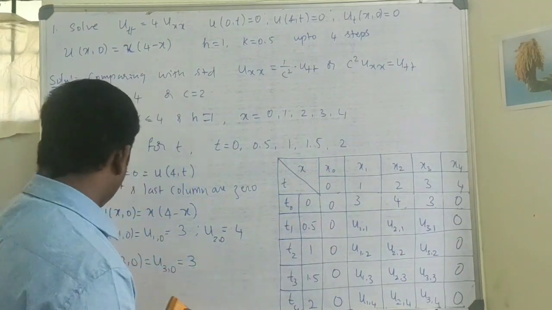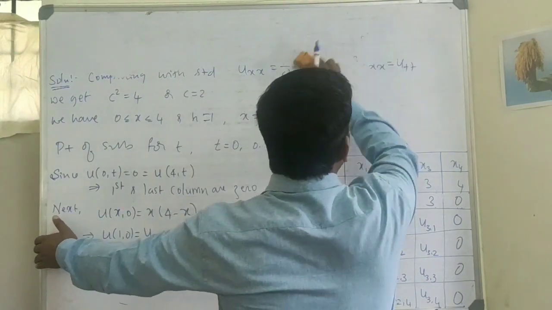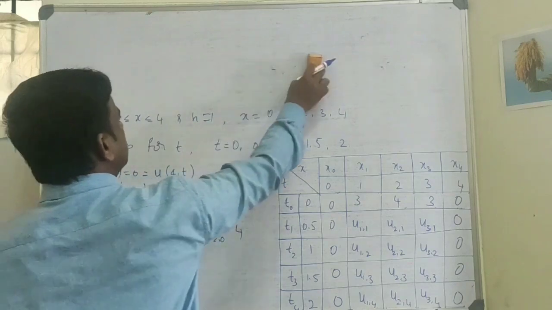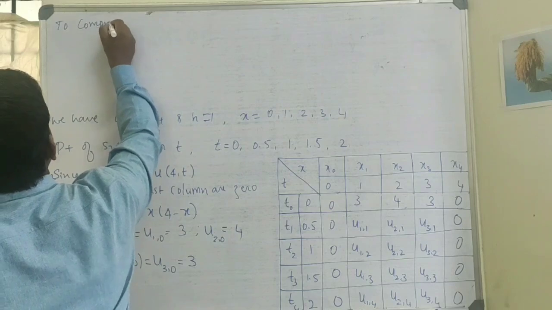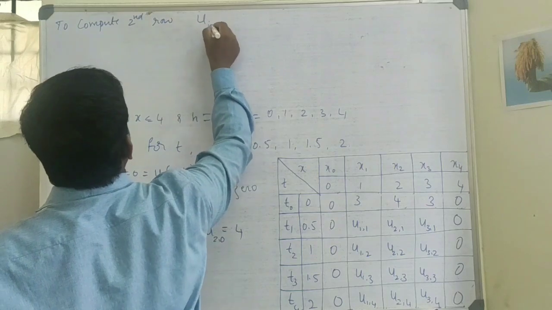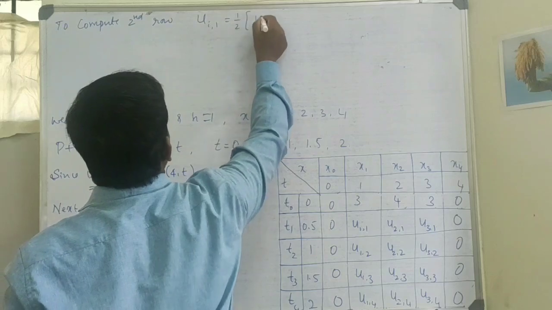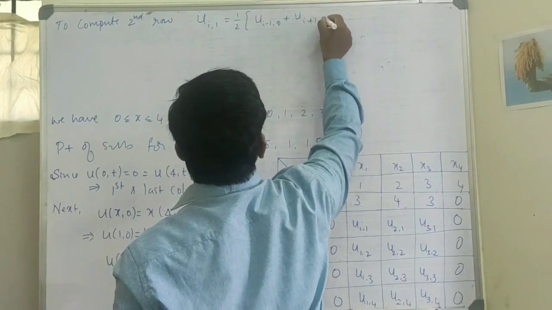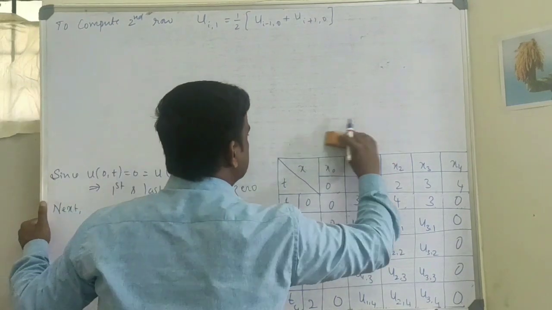Now to compute the second row, as I said, I have to use the formula u(i,1) = 1/2 [u(i-1,0) + u(i+1,0)]. So this formula helps to find the entries in the second row.